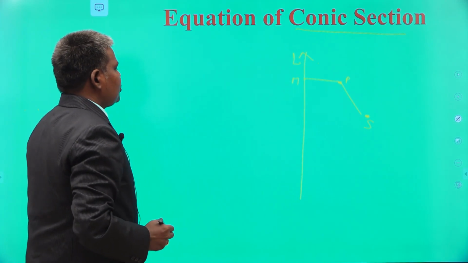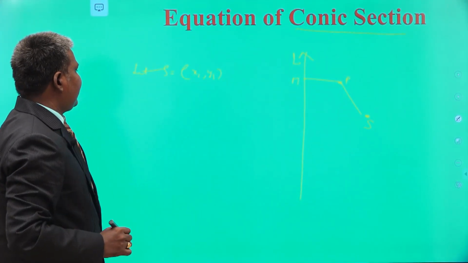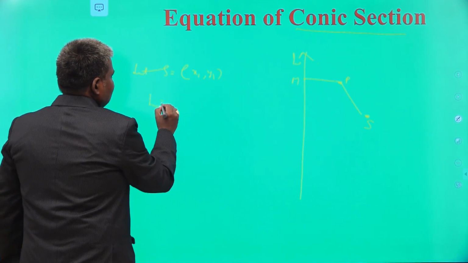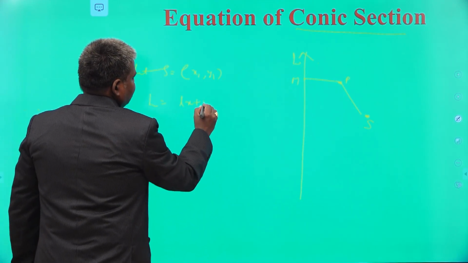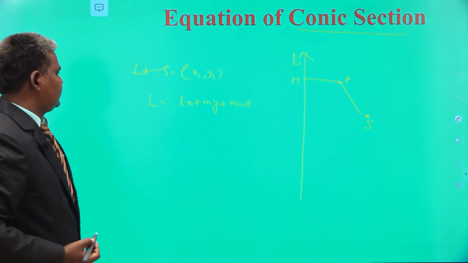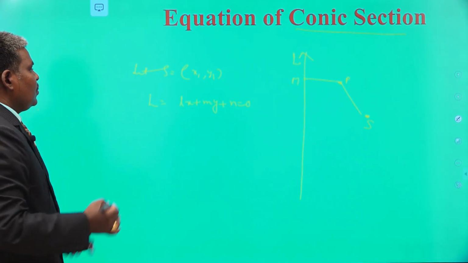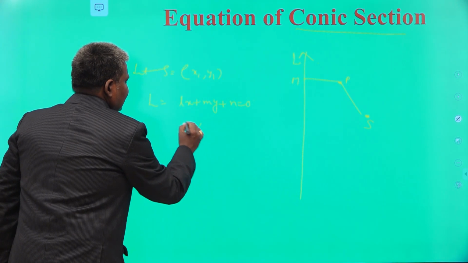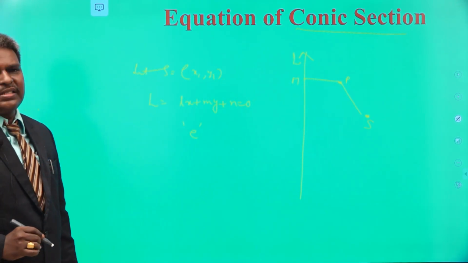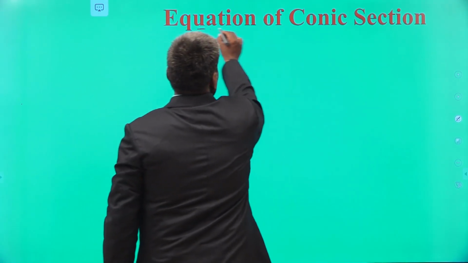How to write this equation now? We need the fixed point, the focus S. Let S equal (x1, y1) be the fixed point, and the line L, lx plus my plus n equal to 0, is the fixed line. This is not passing through the fixed point S. Its eccentricity is, say, E. Now let us see how to obtain the equation of the conic section.